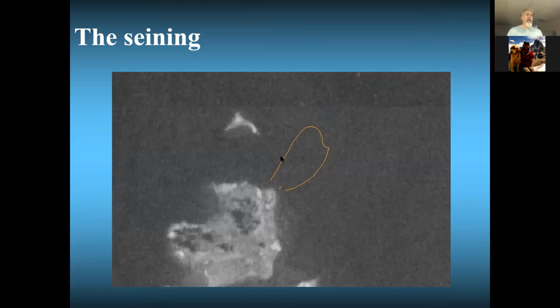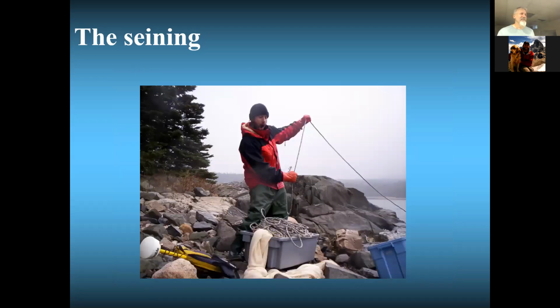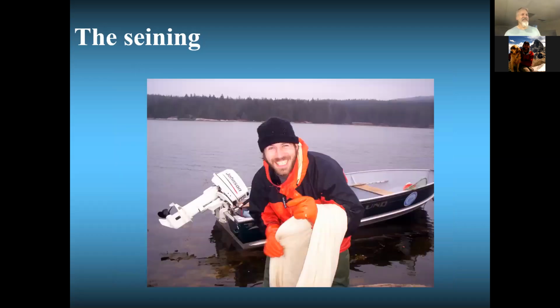So what we're doing is backing out, letting that line out, and then the net starts coming out. We deploy the net, and I'd back up and then come in forward and drop the line off. And then two people would pull that net in. We'd look happy like I did in the previous image, like that guy.